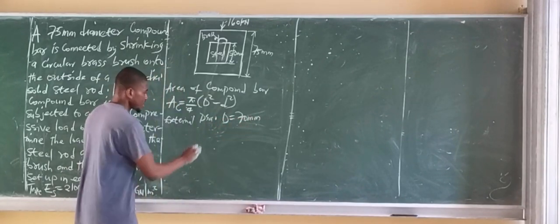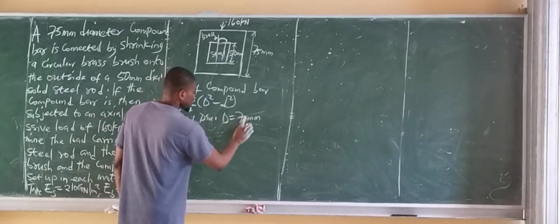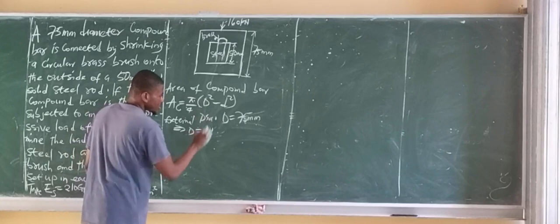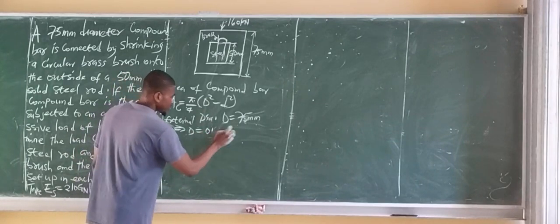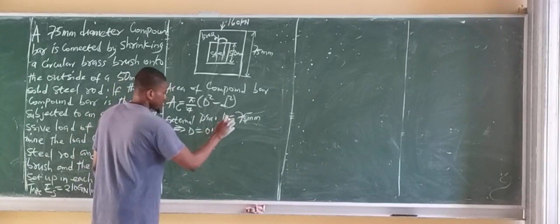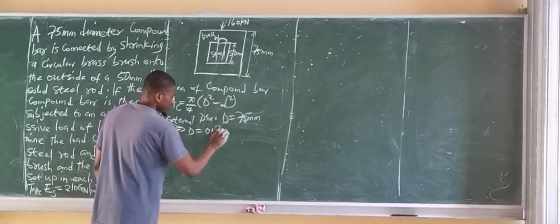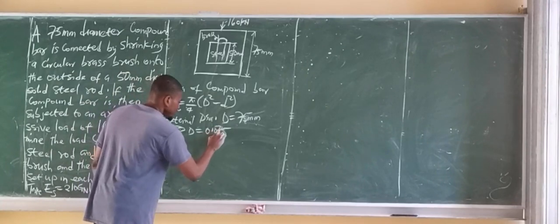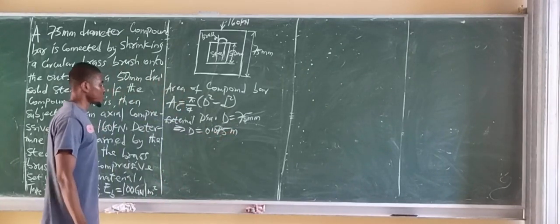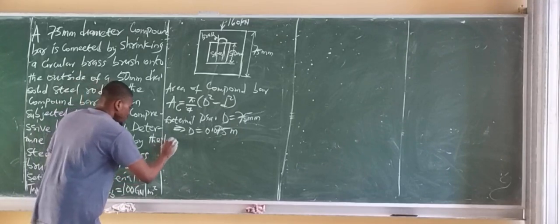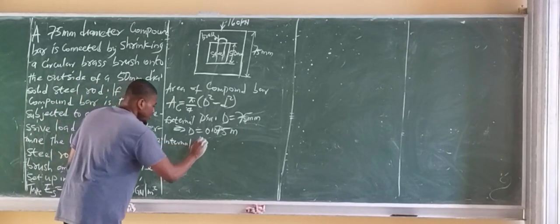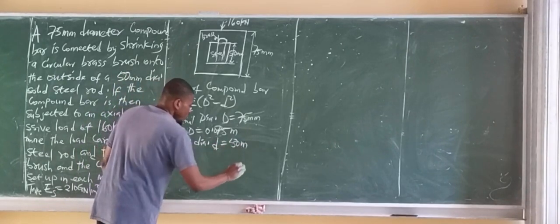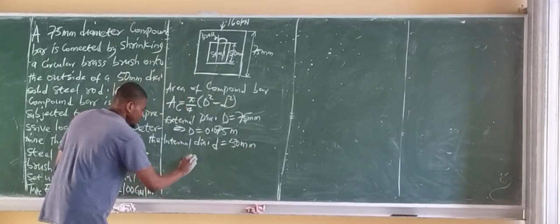Convert this to meters by dividing by 1000: 0.075 meters. Meanwhile, the internal diameter, smaller d, is given as 50 millimeter. Converting to meters, you divide by 1000.